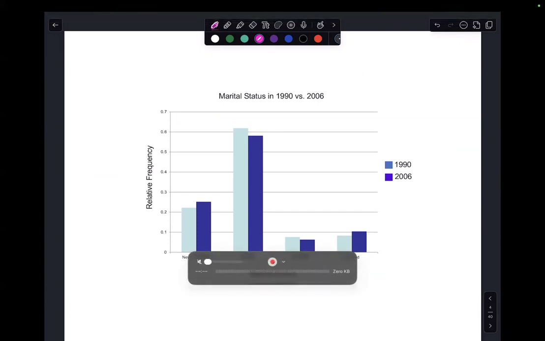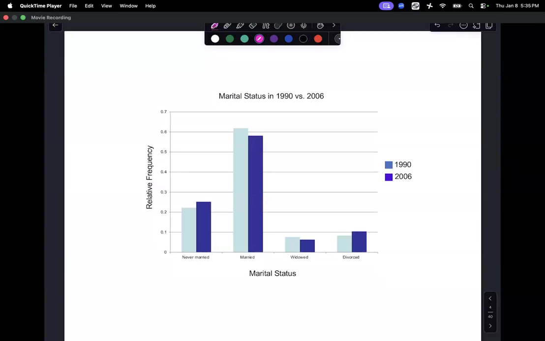The never married, we have a little bit more in 2006, and you can see that we're significantly more married in 1990. I really don't like that the color on my key here for 1990 is not the right color. You just know it's lighter, but I just now noticed that. That's kind of annoying. Sorry about that.